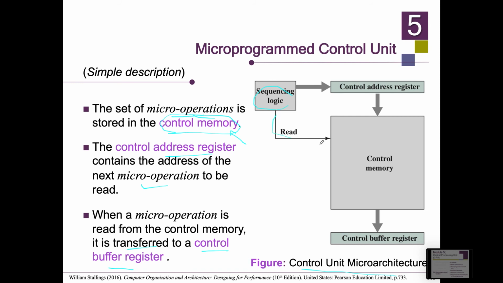If you read it, then you're going to store it. The control address register is also used to address the control memory, and lastly the output from your control memory is called the control buffer register.